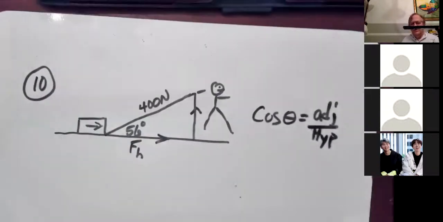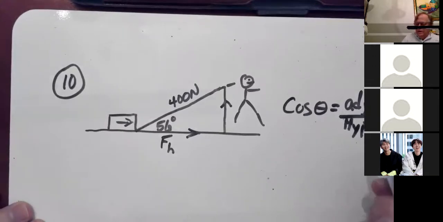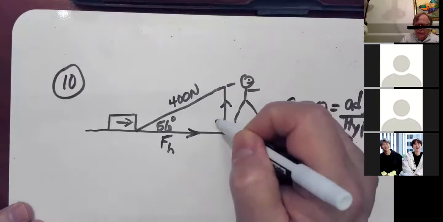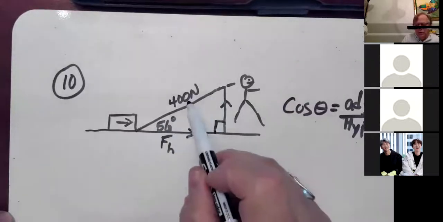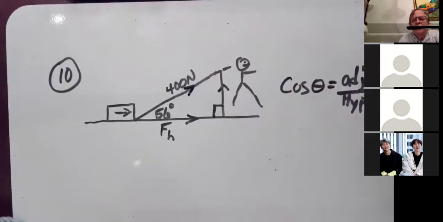Can you still see all of that? Yes. So the hypotenuse is the one opposite the right angle. Here's the right angle. So the hypotenuse is the 400, the force along the rope. When they read you a problem like that, that's the force along the rope.